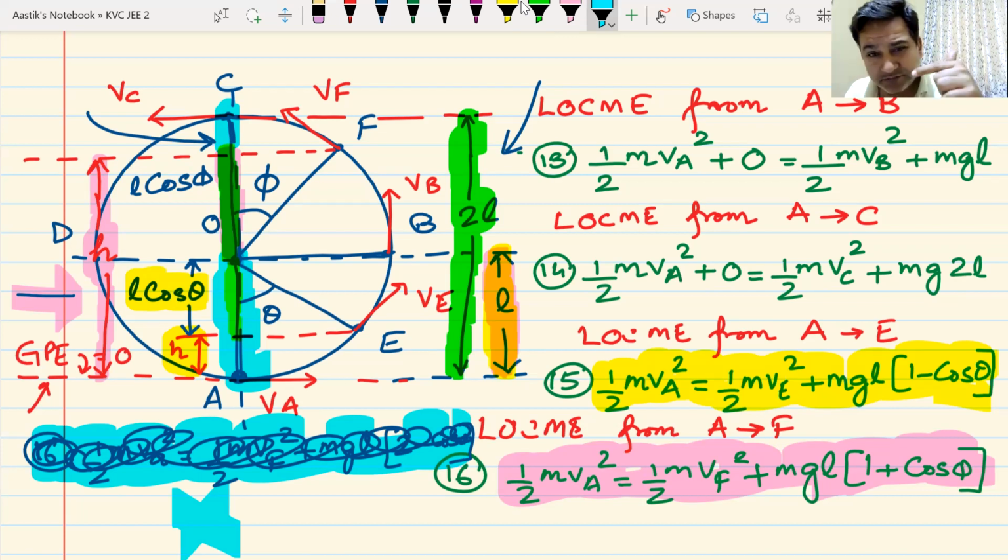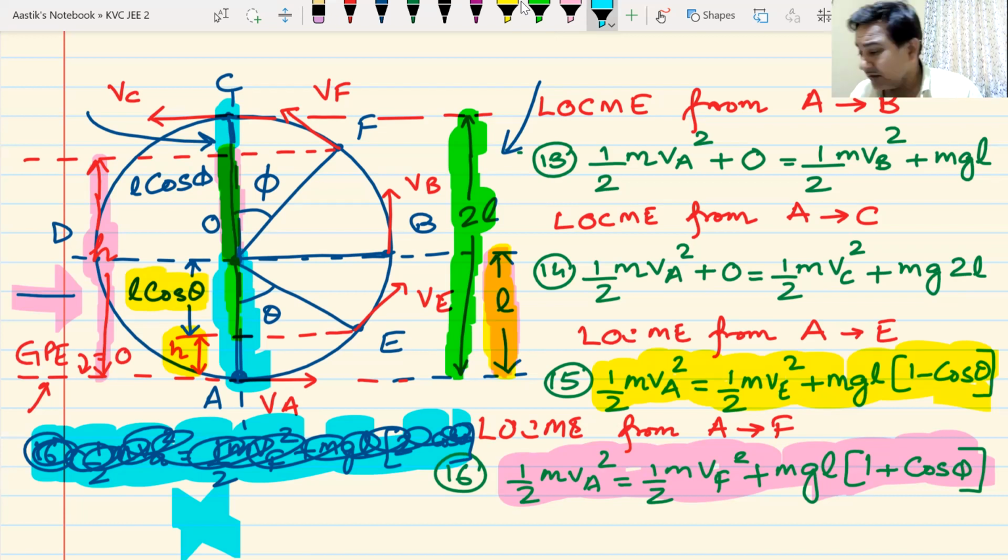From A to B, the block: equations at point A and equations at point B. So those are the main ones. You'll not be asked to find out everything on the path. I have just told you so that you know how to make an equation at any point.